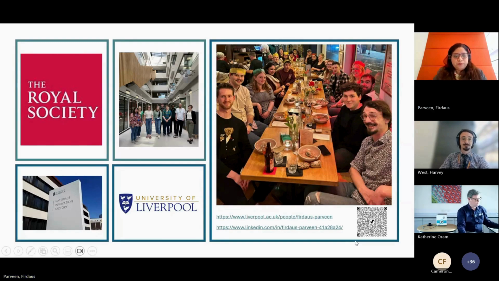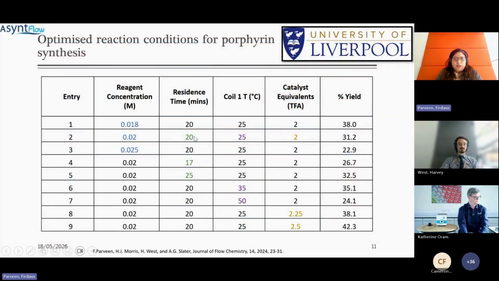Thank you. And we studied the effect of residence time onto the yield. It has a positive effect going from 17 to 20 and 25 minutes. The yield increased from 26 to 32.5%. And the temperature has a positive effect onto the yield of porphyrin. From 25 to 35 degrees there is an increase in the yield, but not much, 31 to 35%.